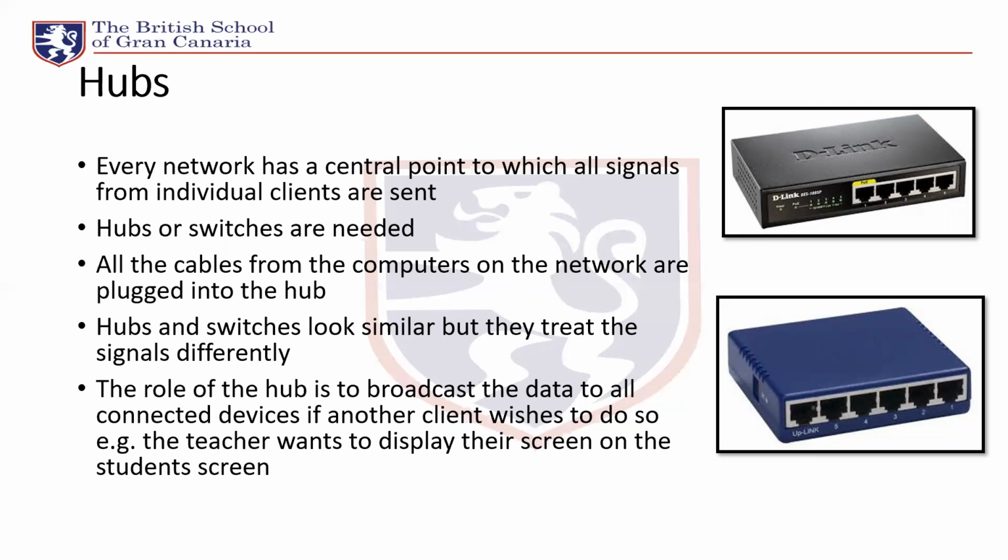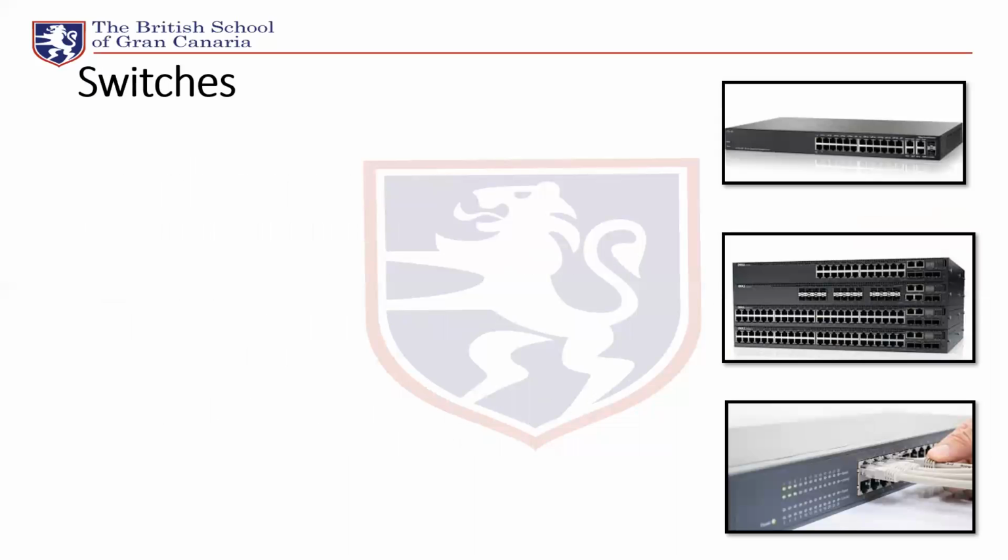The role of the hub is to broadcast the data to all of the connected devices. If the teacher wants to display, say, their screen onto the student screens, then this would all be signaled through the hub. Switches have far more ports, and computers are far more commonplace.